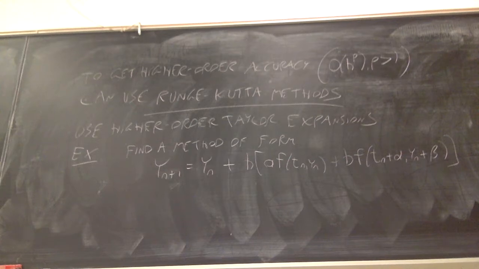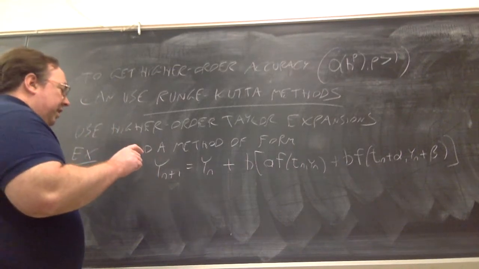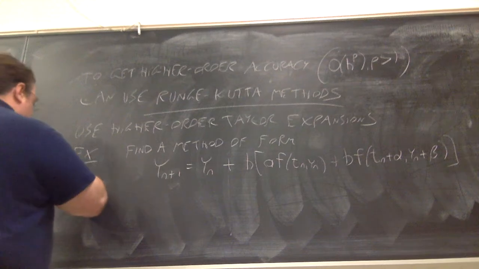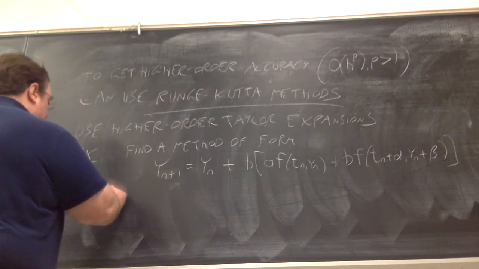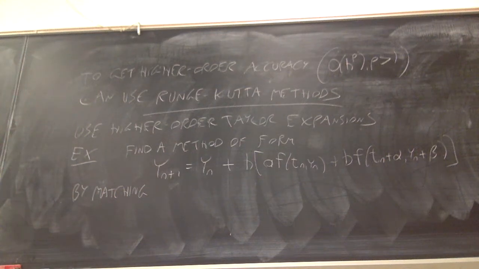So I want to figure out what those parameters should be in such a way as to at least get second order accuracy. That's really all we're going to be able to get in this case. All right. Now, what I can do is show you how I would find these parameters.